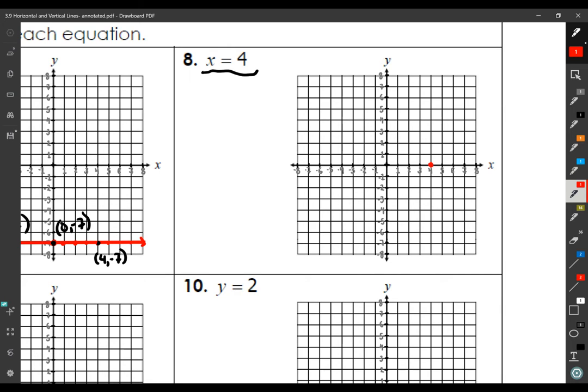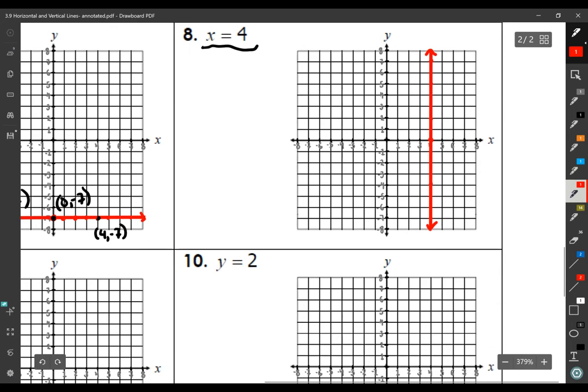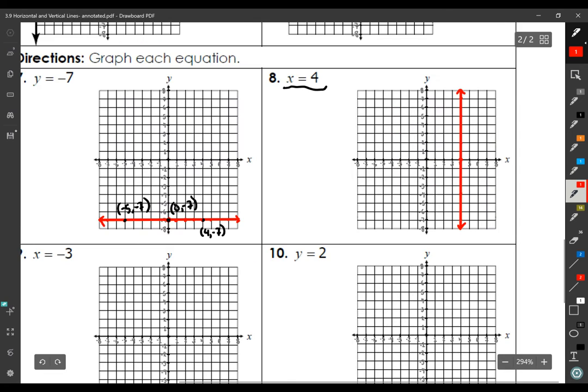Now, if I want every other point I have on the line to also have an x coordinate of 4, then doesn't it make sense that I have to create a vertical line here, where every single x coordinate on this line will be positive 4? Okay, that's good. All right, so the equation of this line, this vertical line, is x equals 4.